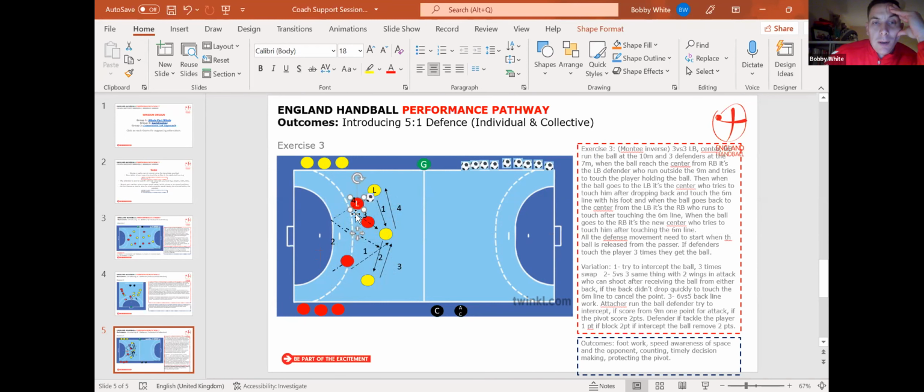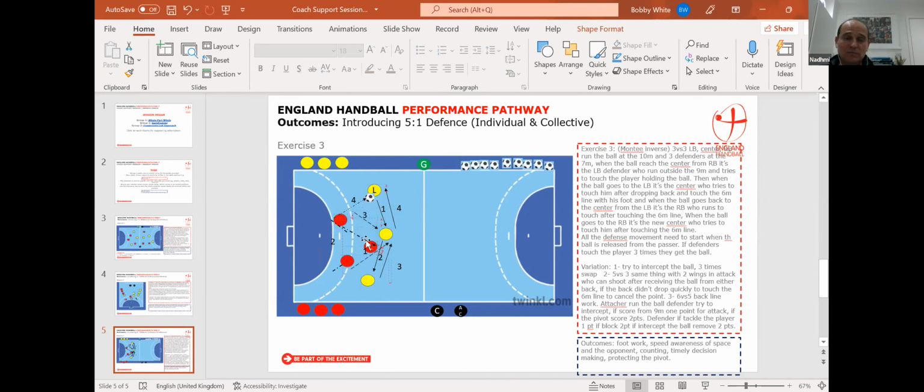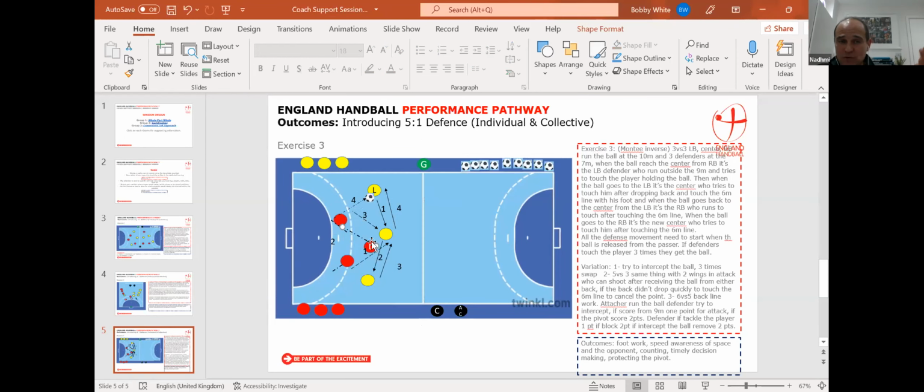Tackle. Okay. And tell me what the defenders are now learning in this situation. So it's speed, reaction, defense positioning, awareness about that crossing.